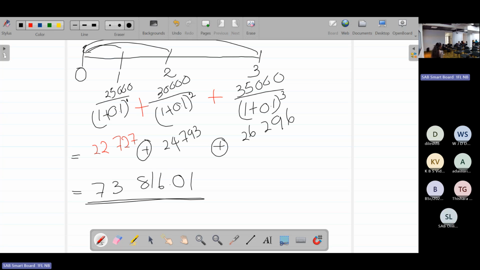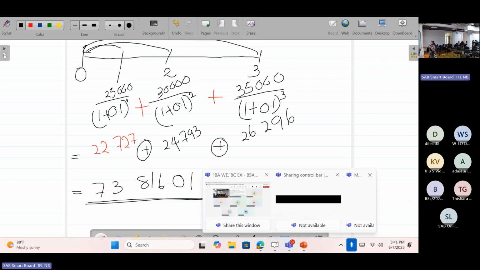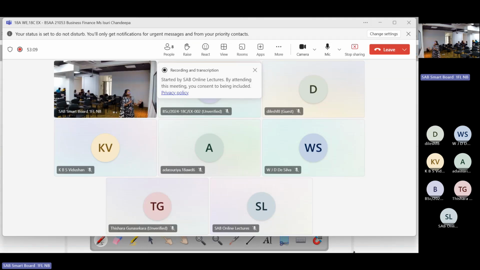Right. You all got the same answer? Online students, did you get the same answer? What's the answer for the question? Any of you students? Are you there?